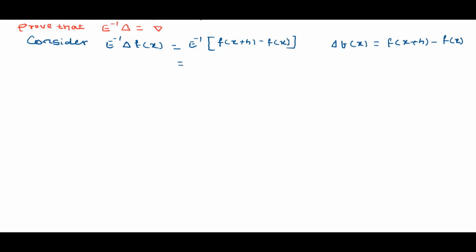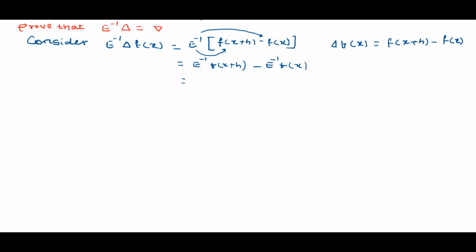is equal to, now multiplying this e raised to minus 1 into the first term, we get e raised to minus 1 f of x plus h. Similarly, multiplying e raised to minus 1 to the second term, we get minus e raised to minus 1 f of x. Now apply the shifting property for the first term.